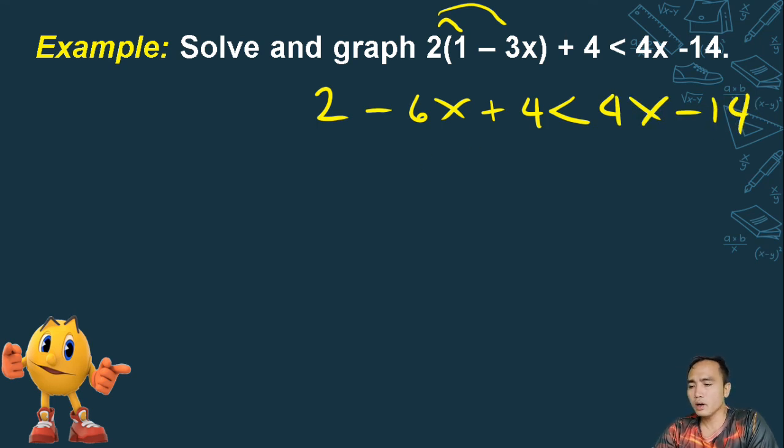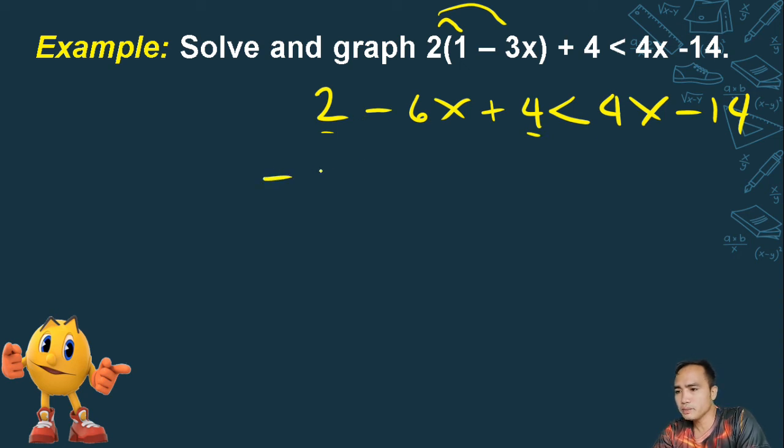Our goal is to separate the variables from the numbers. On the left side will be our variables and on the right side will be our numbers. First, let us combine 2 plus 4.